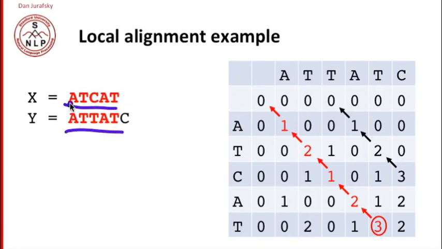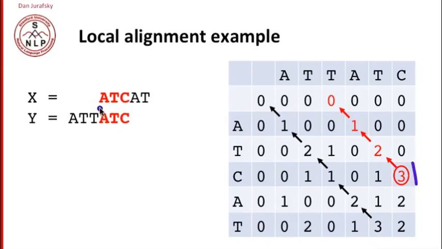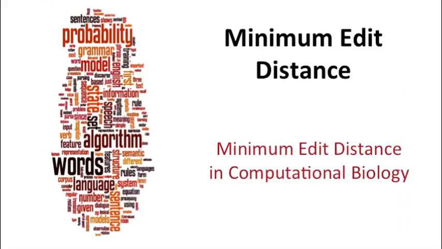So we have 4 symbols that match, 1 mismatch, so that's going to be a score of 3. And the other one over here corresponds to the alignment between ATC and ATC, where we have 3 matching symbols. So those are some of the more advanced variants of edit distance that we see in computational biology.